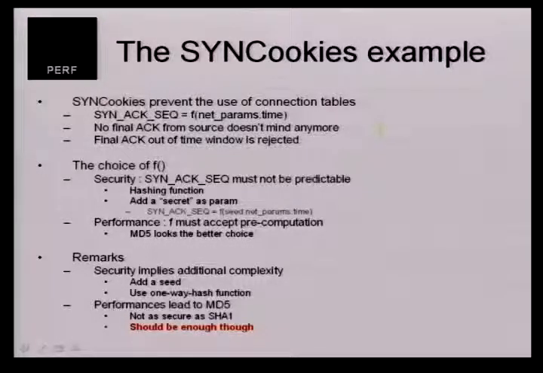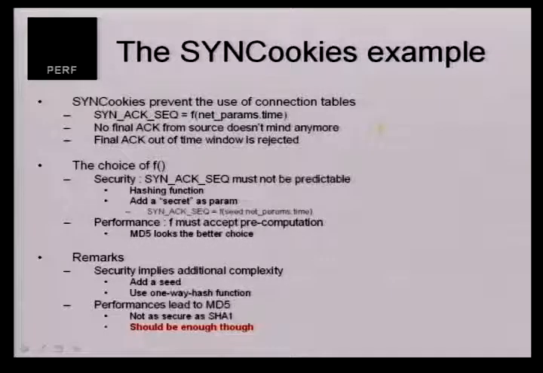So what you're going to do is use a secret seed and a one-way hash function so that you make sure the SYN cookie that's going to be generated cannot be pre-calculated by somebody. We cannot guess what will be the SYN cookie, well, sequence number, sorry. Okay, and then you've got performance issues. Those one-way hash functions, I'm sorry, but they're pretty greedy.